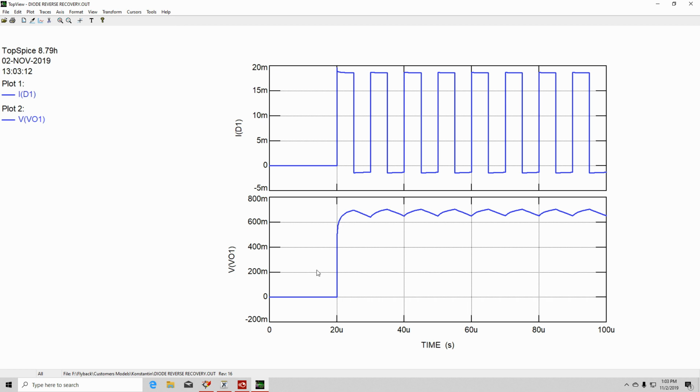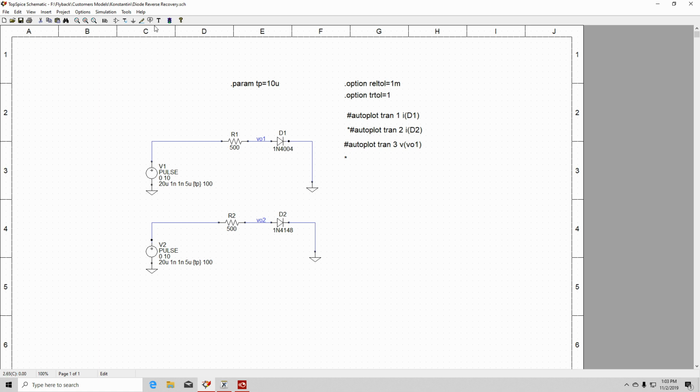And here is the current. Okay, so this is the current of the diode itself. Okay, so if you notice, let me backtrack.